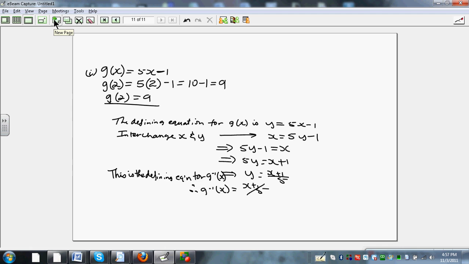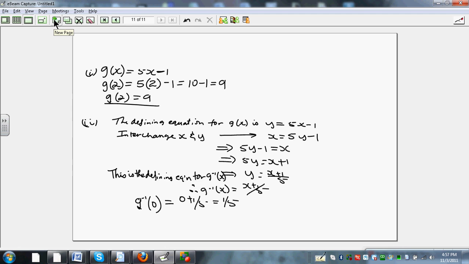But having gotten that, then you could work out the second part. Because the second part asks us to find out what g to the minus 1, or the inverse of 0. What is the value of g to the minus 1 of 0? So it means now we put 0 into that equation, so you get 0 plus 1 over 5, which works out to be 1 over 5, or 1/5.